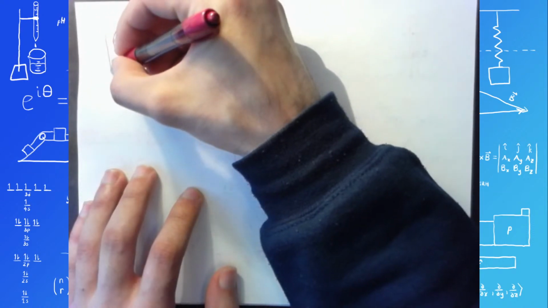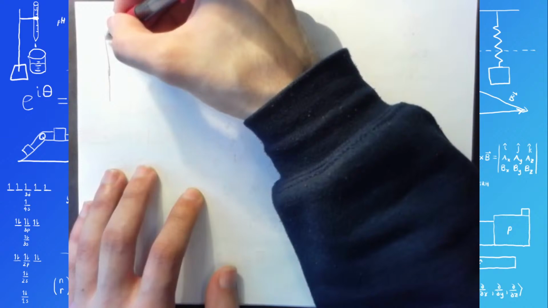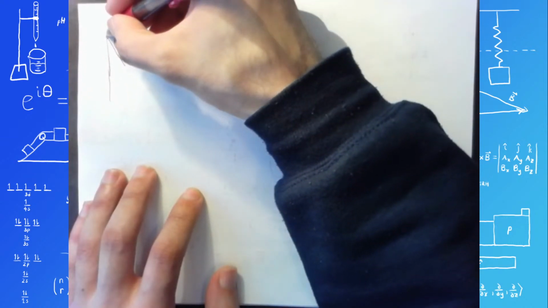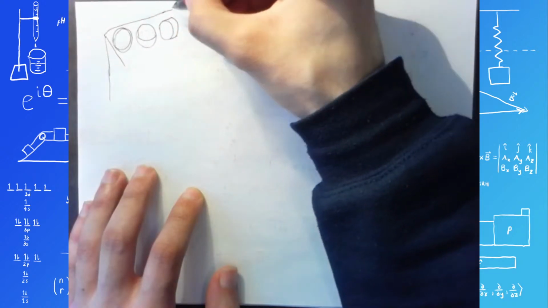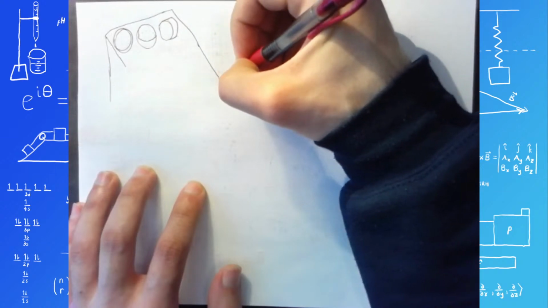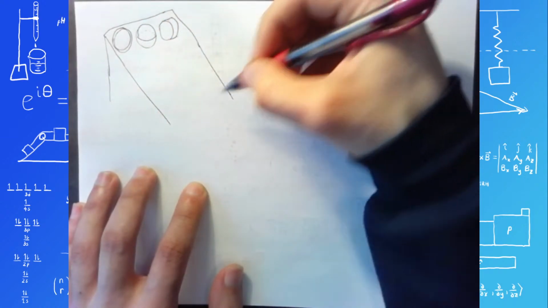And these three objects find themselves situated on top of a ramp. I guess I didn't draw the angle of that ring very well. But these three things find themselves situated at the top of some sort of ramp.